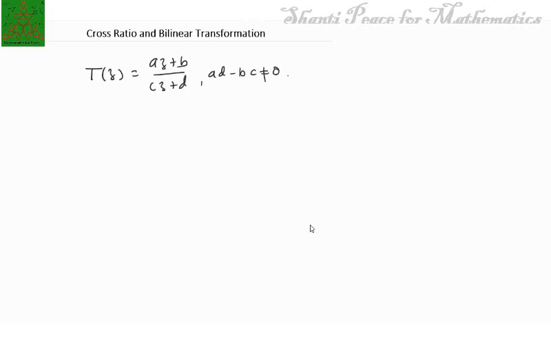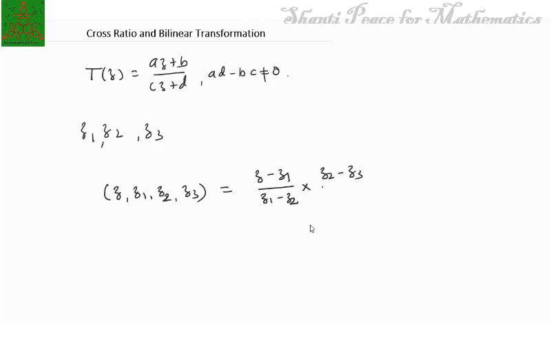Consider z1, z2, z3 as three complex numbers in the extended z plane, and the cross ratio of the four numbers z, z1, z2, z3 is defined as (z minus z1) upon (z1 minus z2) into (z2 minus z3) upon (z3 minus z).